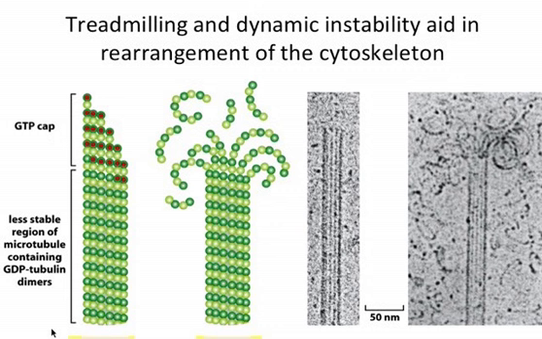So treadmilling and dynamic instability, those two concepts, they both aid in the rearrangement of the cytoskeleton. And when we talk about treadmilling, it's that growth on one end while shrinking on the other end, which you see a lot in actin. And dynamic instability is that growth and shrinkage, right? So they aid in the rearrangement of the cytoskeleton.